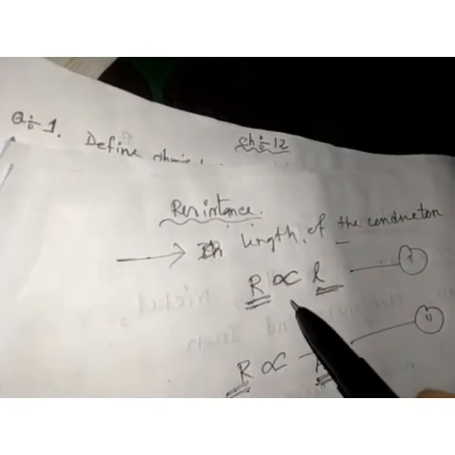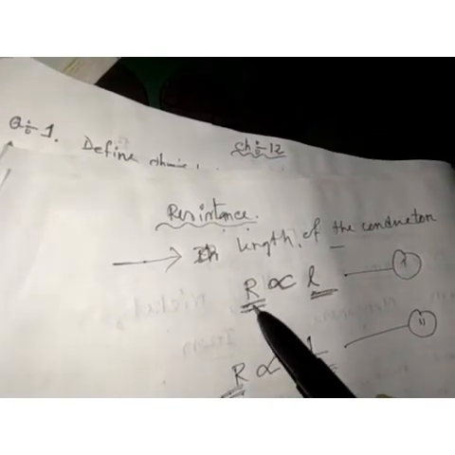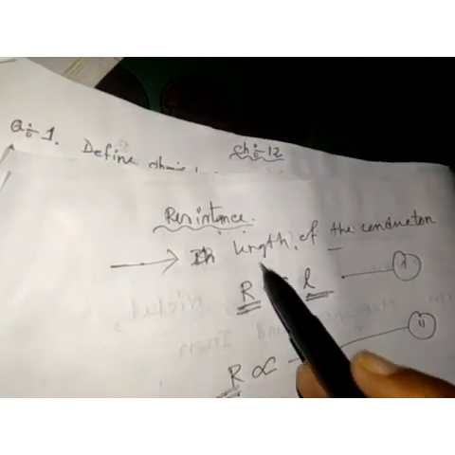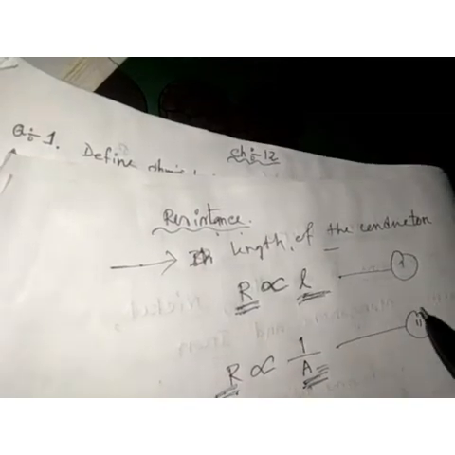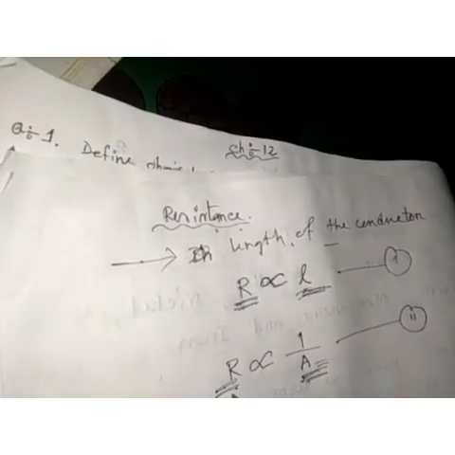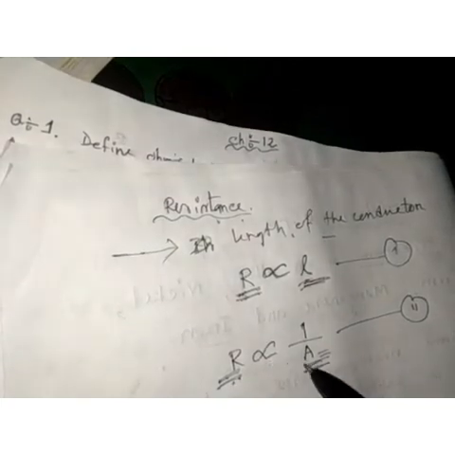First of all, what you have learned: resistance of the conductor depends on its length. Again, resistance of the conductor is inversely proportional to the area of cross section. If area of cross section is increasing, resistance is decreased.